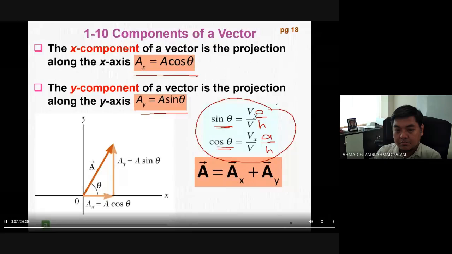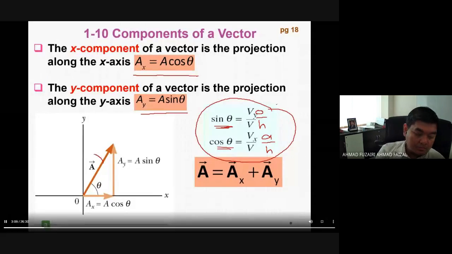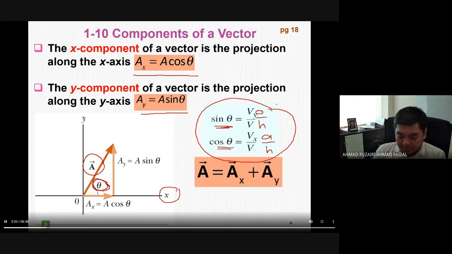Okay, when you look at this diagram, you have vector A at an angle theta with respect to the X axis. If you want to find AX and AY, this is a common formula. This one should be your adjacent, this one your opposite, and this one your hypotenuse. If you want to find AY, AY is the opposite, right? So of course you can use sine theta equals opposite over hypotenuse.